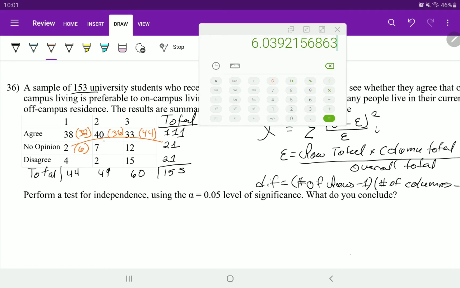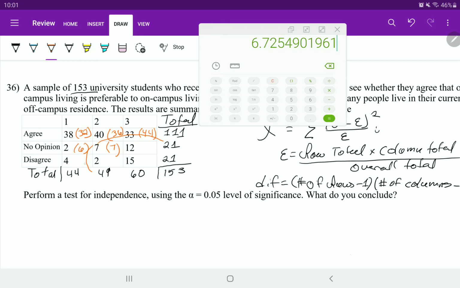For the next one, it's going to be our row total of 21 times our column total of 49 divided by our grand total of 153. Round to the closest whole number. That is going to be 7.